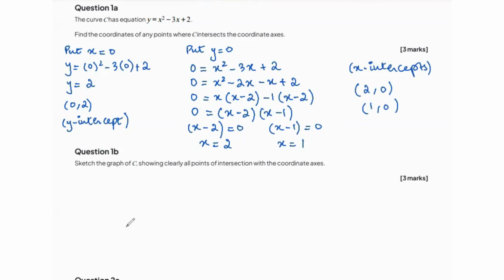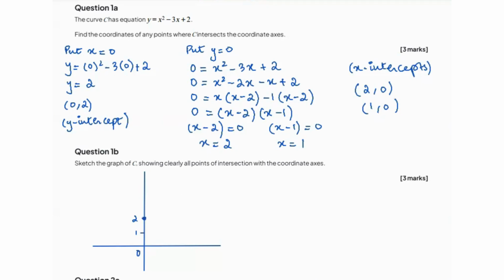Now if you look at question 1b, it says sketch the graph of C showing clearly all points of intersection with the coordinate axes. We already have the intersection points, so we're going to draw our axes and label the points. (0, 2) is one point.